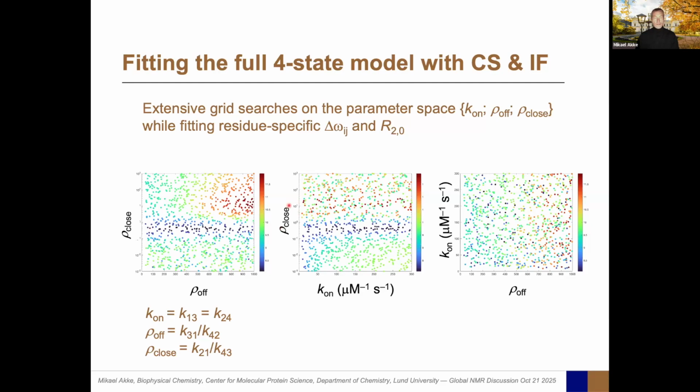If we look at the slice rho close to k on, we can see a clear minimum in this regime here, and similar for k on versus rho off. It's a little bit less clear, but it's clearly not the higher values of rho off that are viable. And of course, if you actually reconstruct the full 3-dimensional cube, the minimum gets even better defined. And again, these are what the different parameters stand for.